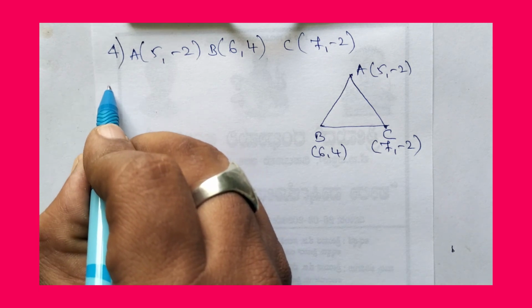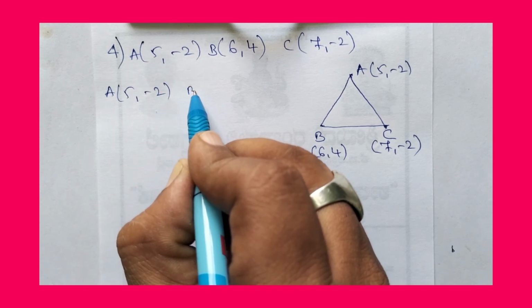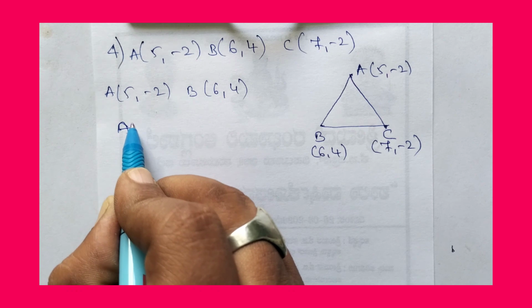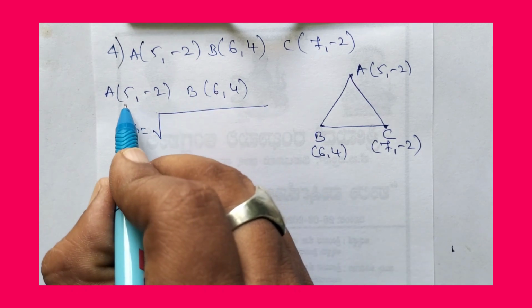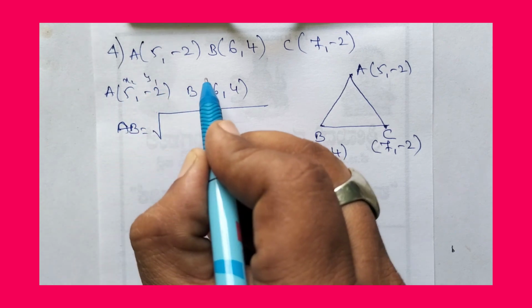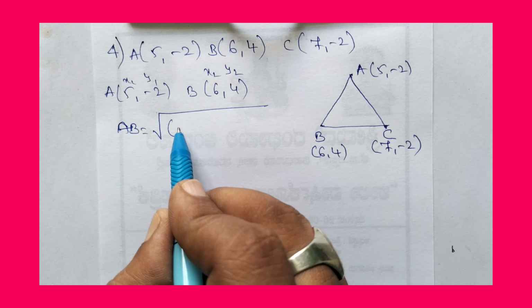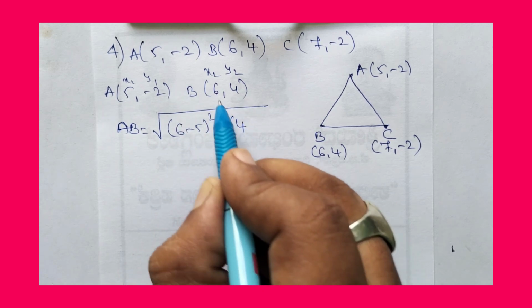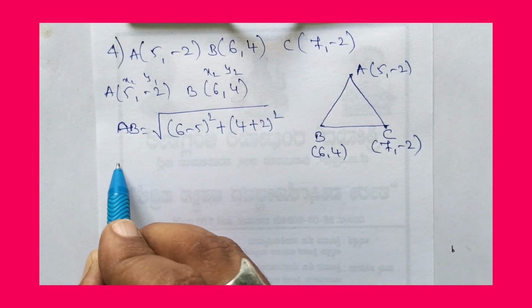First let us find out AB. A is (5, -2) and B is (6, 4). So AB is equal to square root of (x2 minus x1) whole square plus (y2 minus y1) whole square, where this is x1 y1 and this is x2 y2. So 6 minus 5 whole square plus 4 plus 2 whole square.